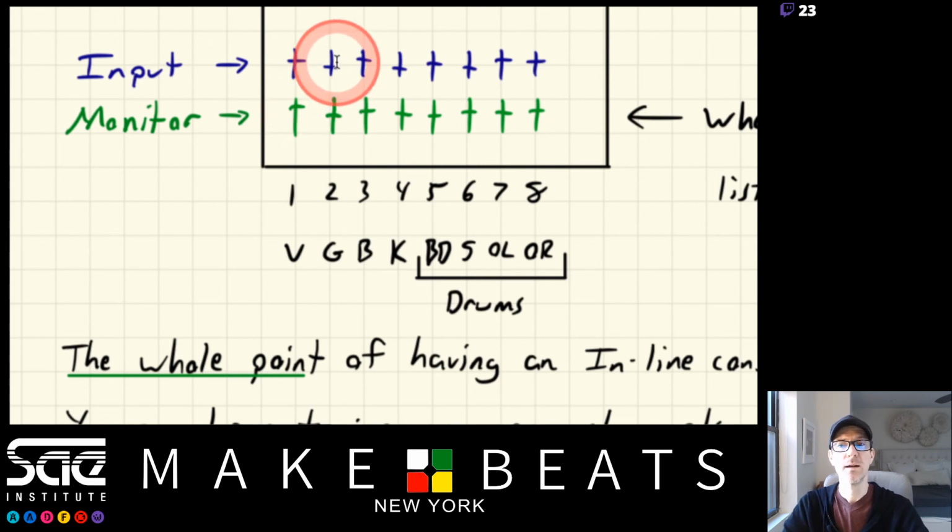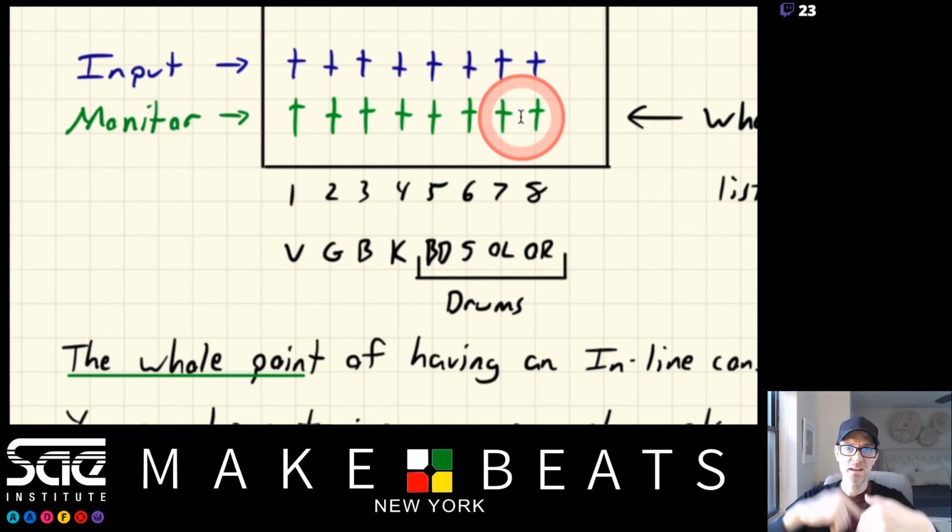And for the guitar, the input path is on channel 2, and the monitor path is also on channel 2. So on and so forth, channel 3, 4, 5, 6, 7, and 8. Everything is right here on these same channels. We don't say channel 1 through 16, although technically this is 16 inputs now.